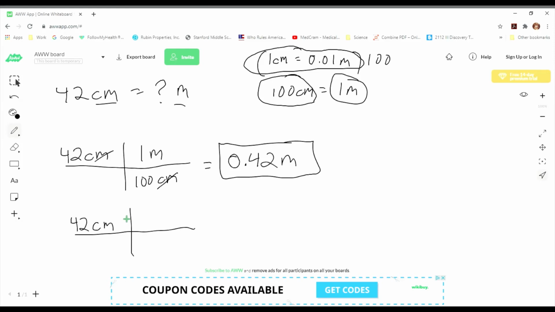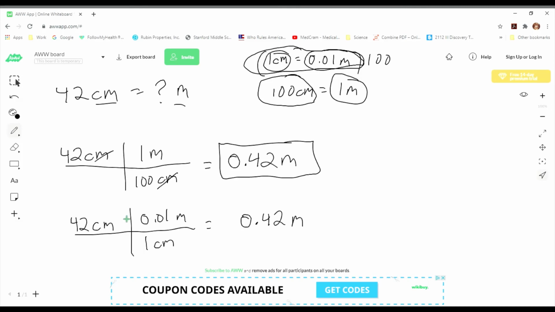You're going to end up with 1 centimeter on the bottom because of this right here, and on top 0.01 meters. If you use that in place of the 1 meter over 100 centimeters, you're going to get the same answer, because 42 times 0.01 is 0.42, divided by 1 leaves you with 0.42.